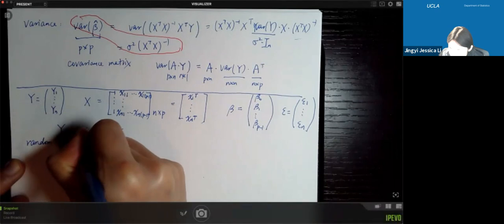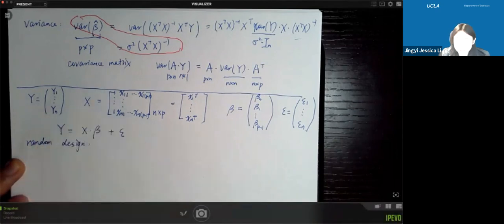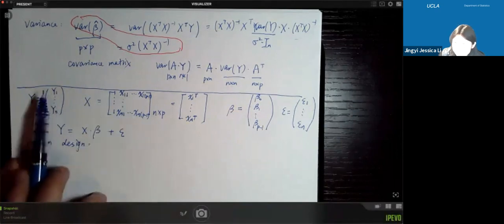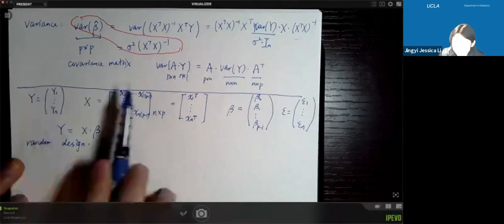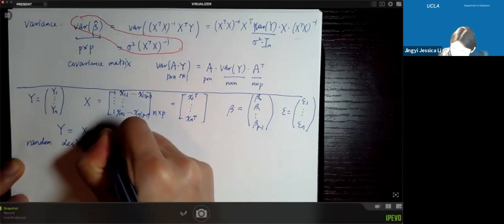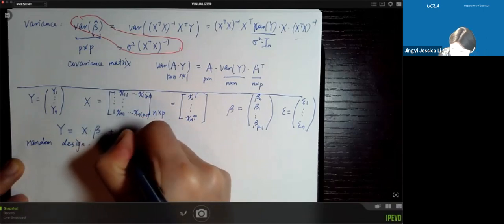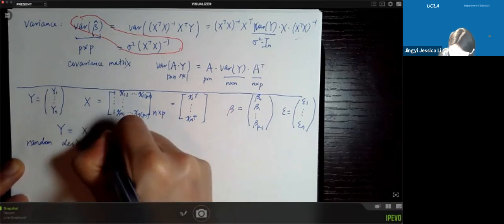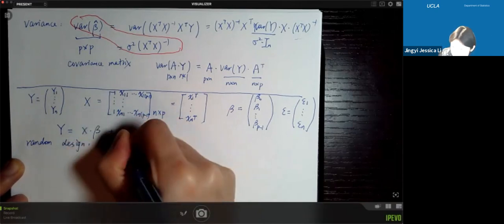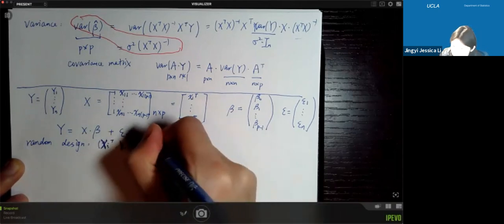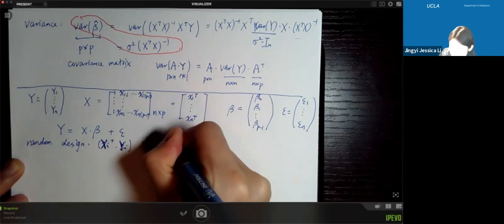The key assumption for random design is that you need to assume a joint distribution for each pair of response and predictors. So you need to assume that Xi transpose, Yi are IID from some joint distribution.